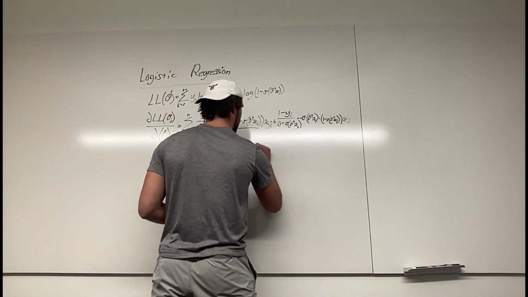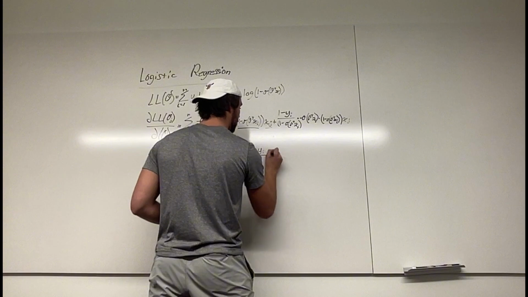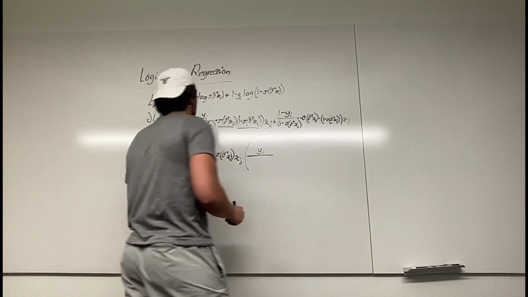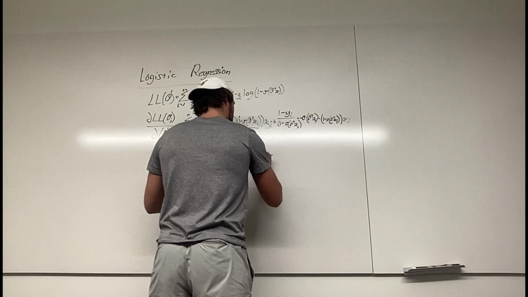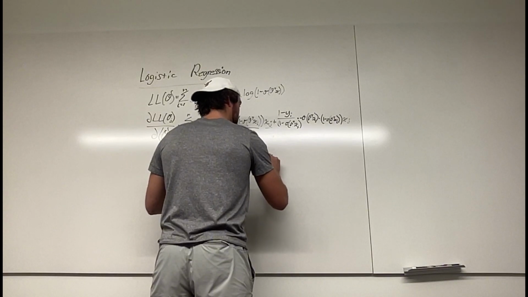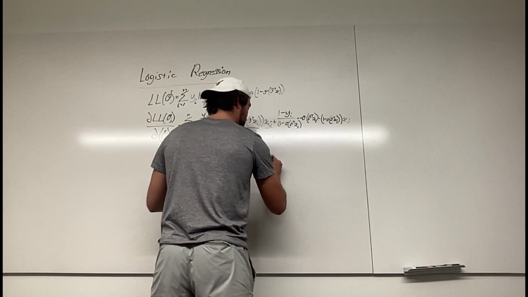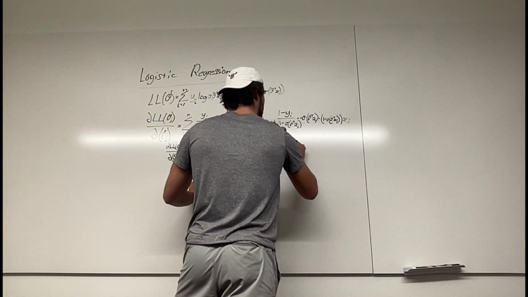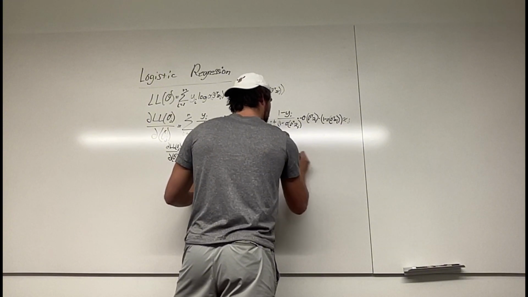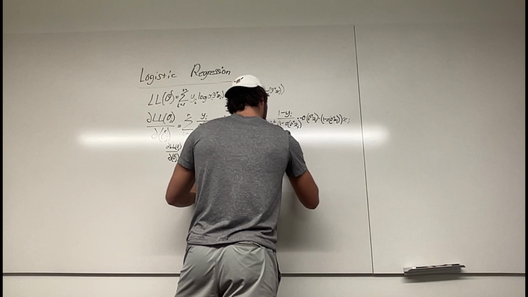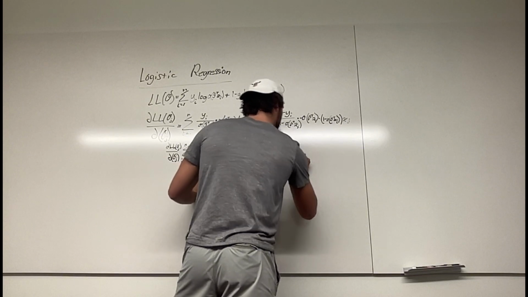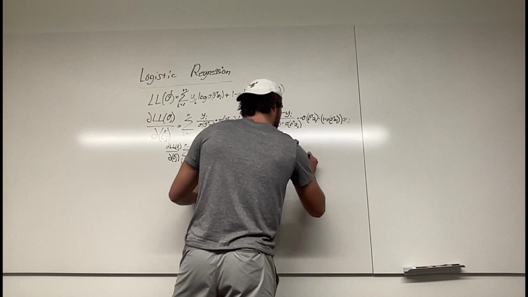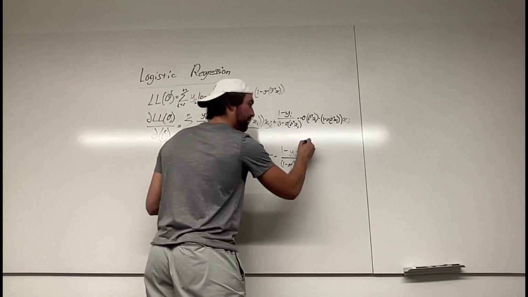Let me get it in here. yi over sigma of theta transpose xi. We're almost there. Minus 1 minus yi over 1 minus sigma of theta transpose x. Hopefully that's not too hard to see.